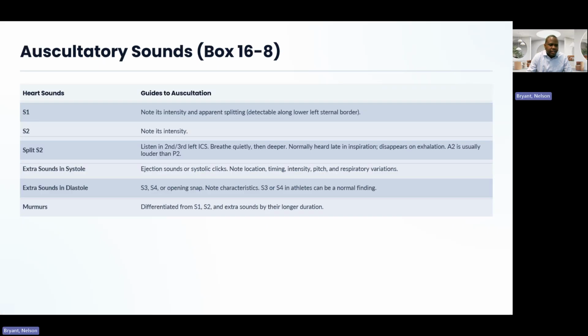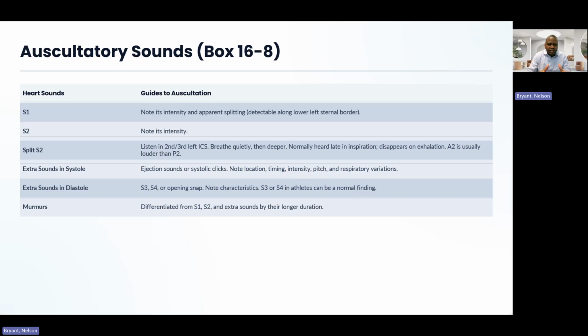So these are the sounds that I already mentioned, like S1, S2, which requires practice, which you already have, and then a systematic approach to tell the difference between S1 and S2, and then noting the physiologic splitting, the split S2 during inspiration, and identify the systolic or diastolic sounds like S3 and S4 or other murmurs.